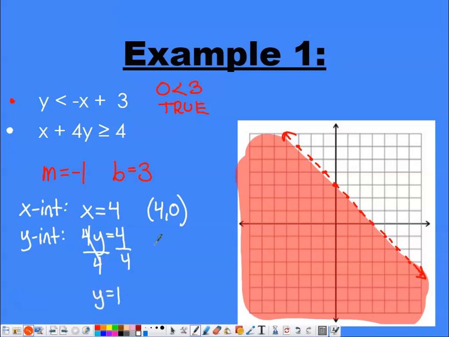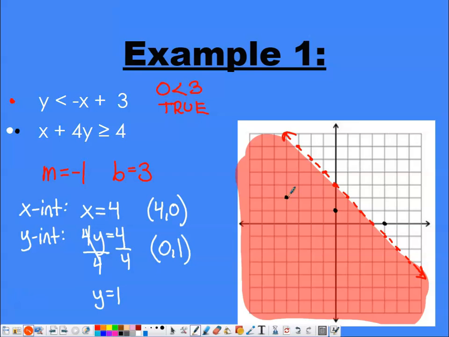And we have the ordered pair (0, 1). Okay? So I'm going to go ahead and switch to black for this one. So let's use black. We're going to graph those points. So we have (4, 0) over here, and we have the ordered pair (0, 1), which is up here. And then follow that pattern like that.